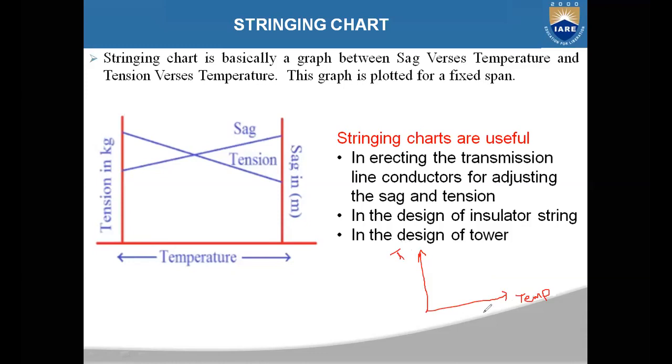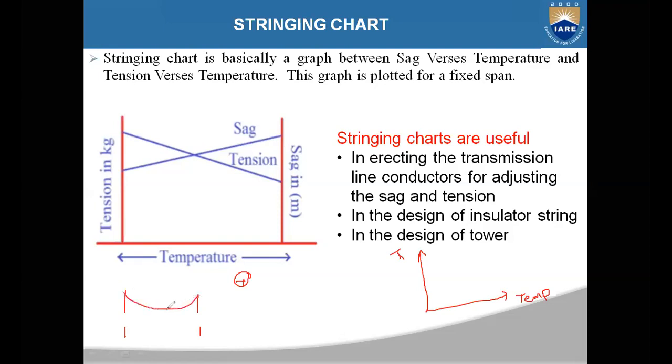Now as the temperature increases, what happens to the tension? Anyone respond in the chat box. Suppose you increase the temperature, whether tension decreases or increases. Your conductor is supported between two towers like this.